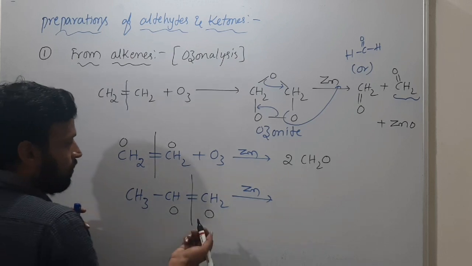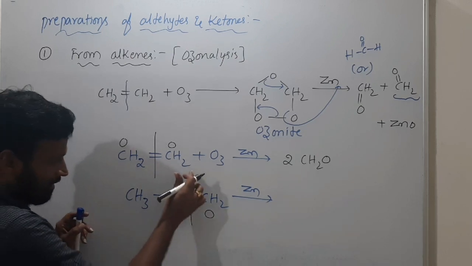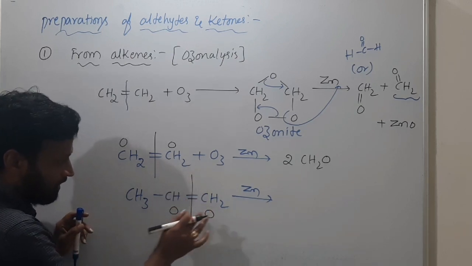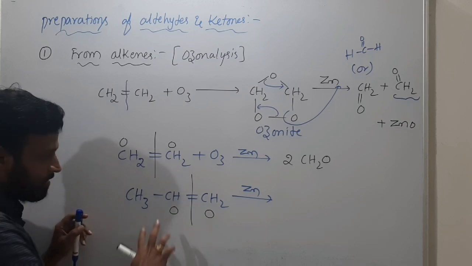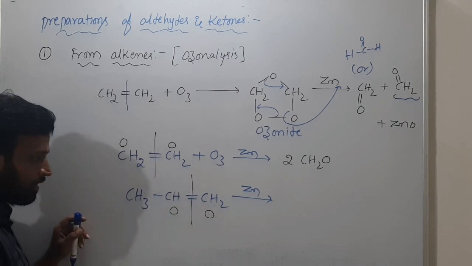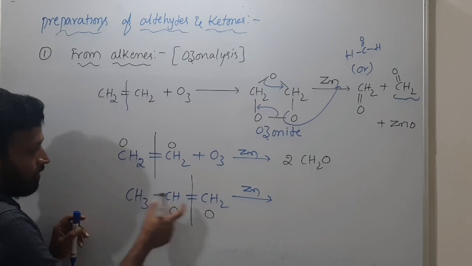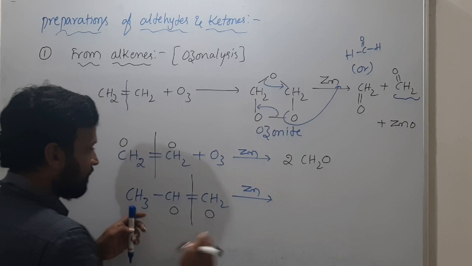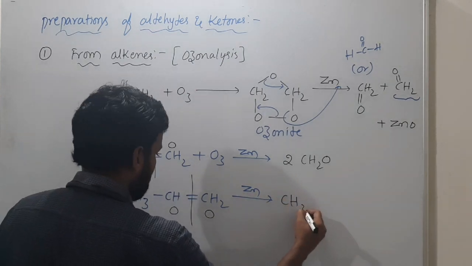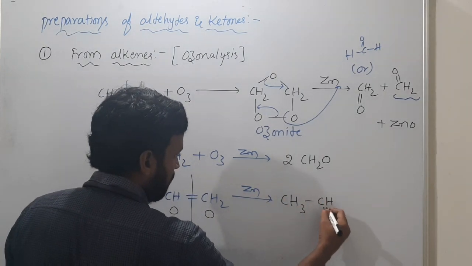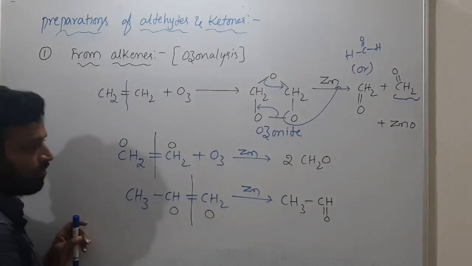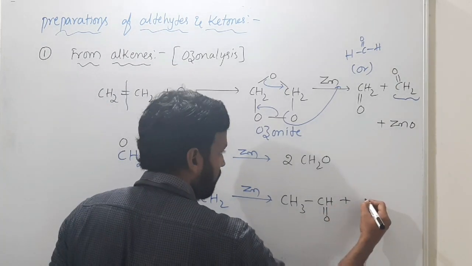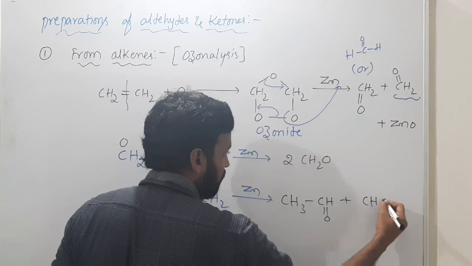It's a very simple way, isn't it? The double bond disappears completely, giving 2 moles of different aldehydes. Here there are 2 carbons and here only 1 carbon, so you get CH3CHO and formaldehyde, CH2O.